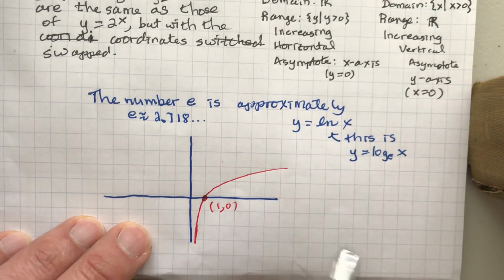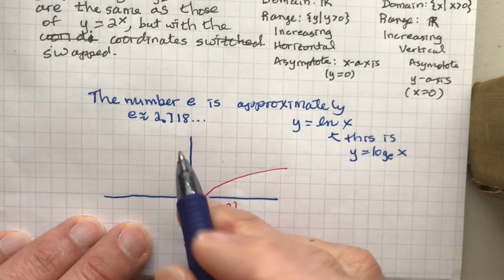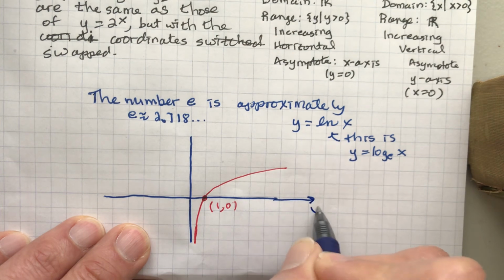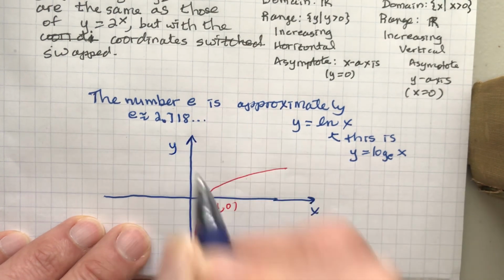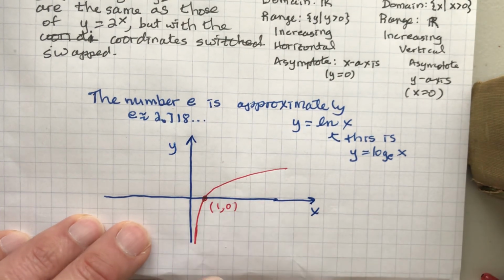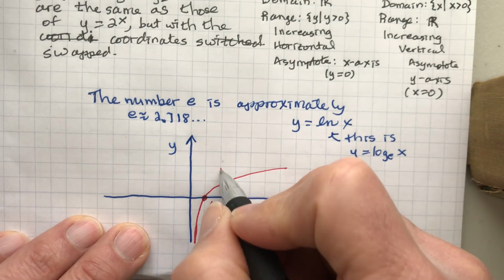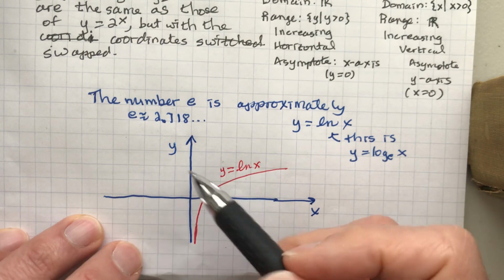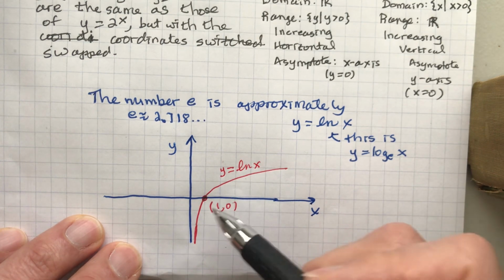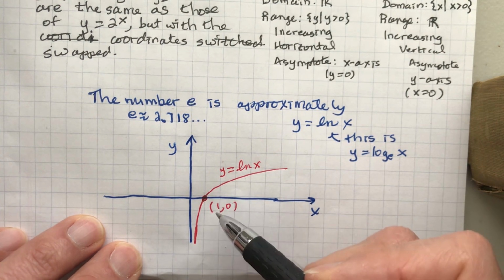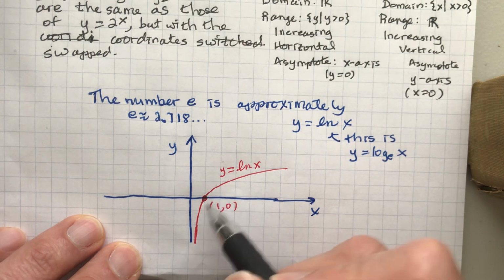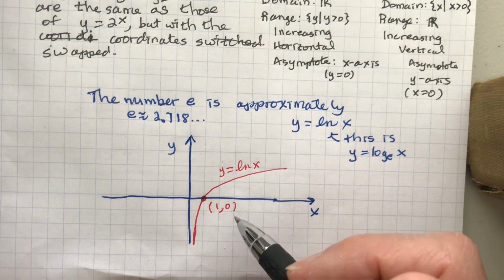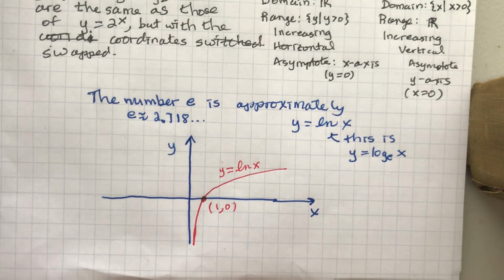We have the same vertical asymptote. It's increasing. And e is between 2 and 3. And if I were to use a computer to sketch the logarithm graph and on the same plane log base 2 of x, I would see a difference. But what would be the same would be the intercepts and the asymptotes. All right.